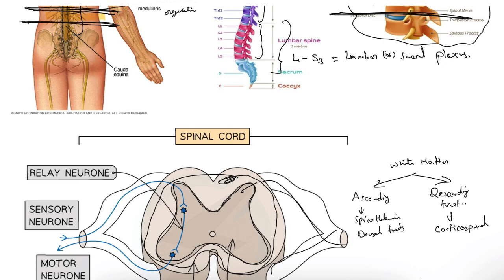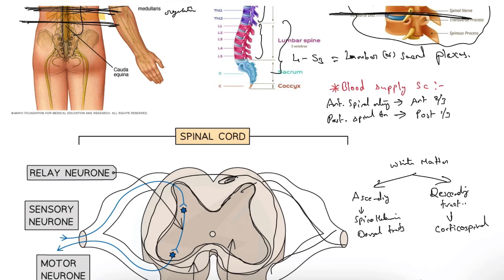Now, blood supply of the spinal cord. I don't have space, that's why I'm writing here. In the blood supply of the spinal cord, we can see the anterior spinal artery, which supplies the anterior two thirds of the spinal cord. Next, the posterior spinal artery supplies the posterior one third of the spinal cord.